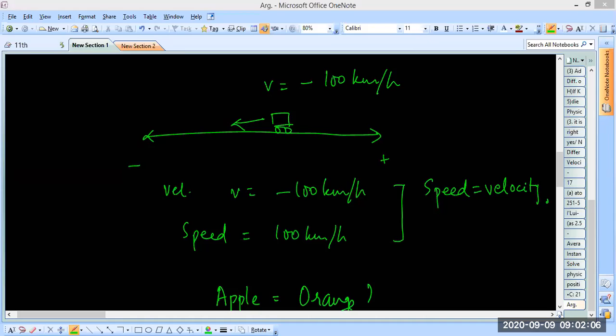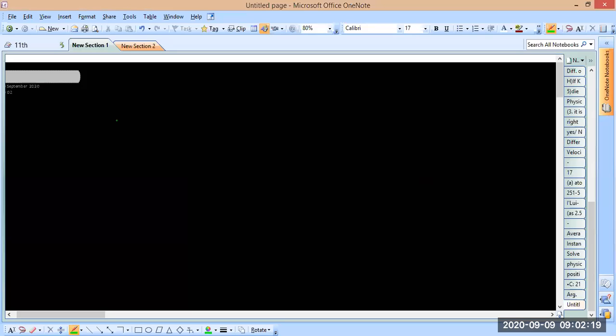Yes, velocity includes displacement and speed doesn't. So the question is that velocity is related with displacement, all right? But speed is not related with displacement, right?